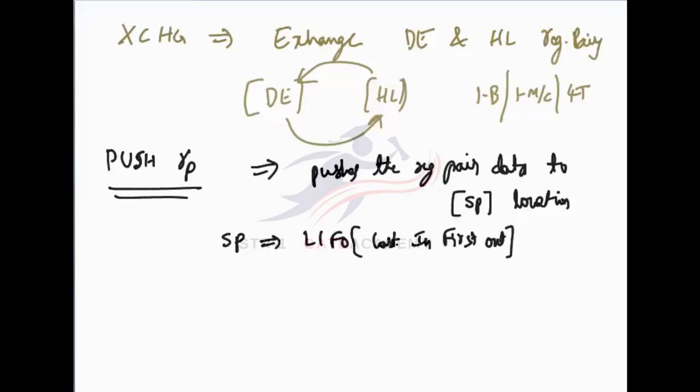That's why the starting address location of the stack pointer is FFFFH. Next it is decremented, then decremented again, like that.